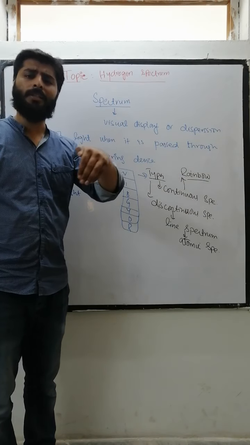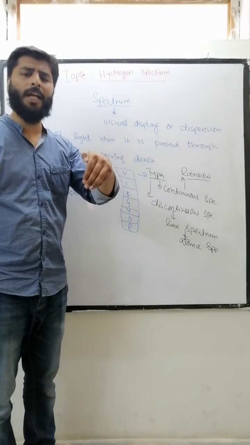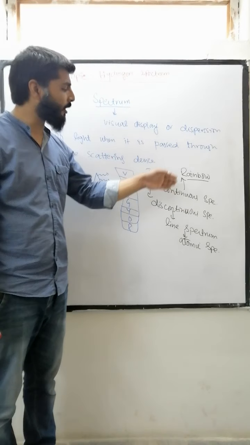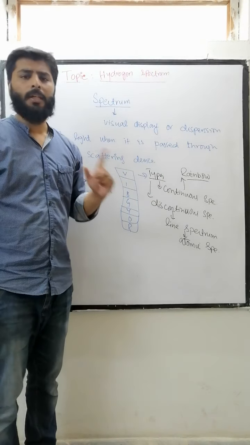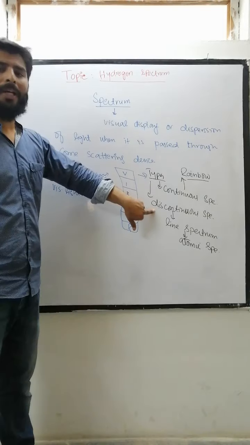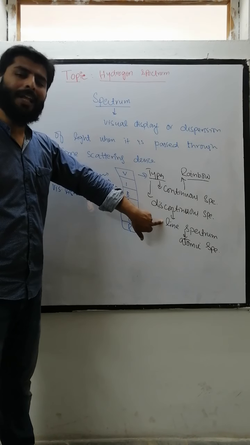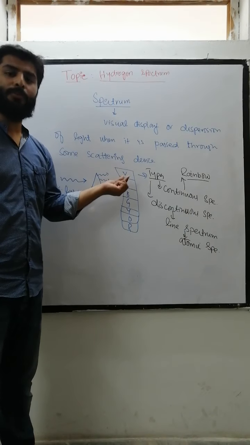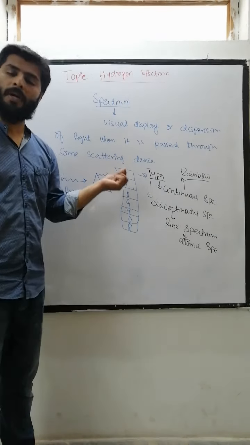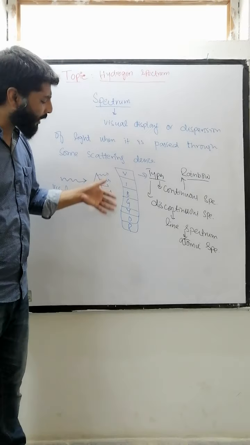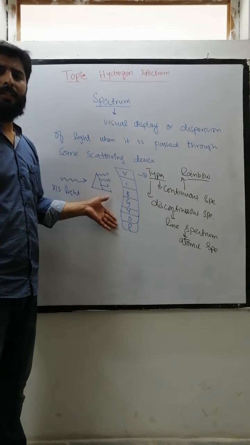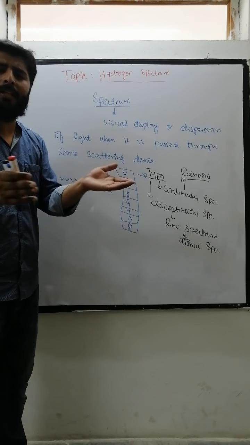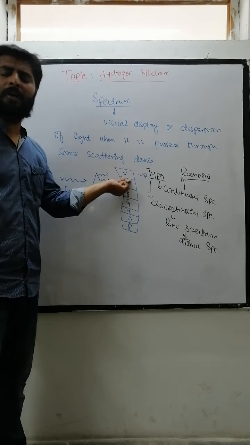Sunlight comes to the earth via continuous spectrum. The light produced by an incandescent bulb, filament bulb, is also a continuous spectrum. While in discontinuous spectrum, which is also known as line spectrum, there are specific colors with specific sharp boundaries. For example, you can see here there are 7 colors, and these colors are differentiated from one another by these specific boundaries or lines.